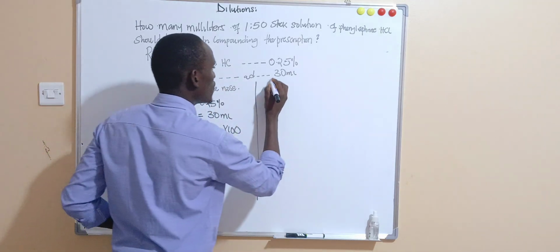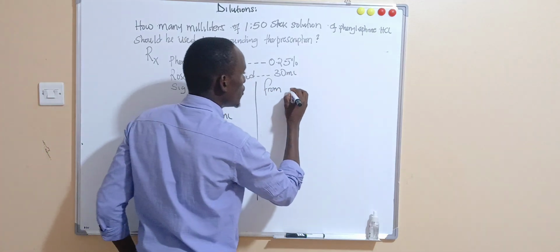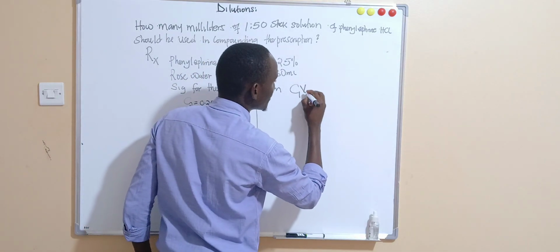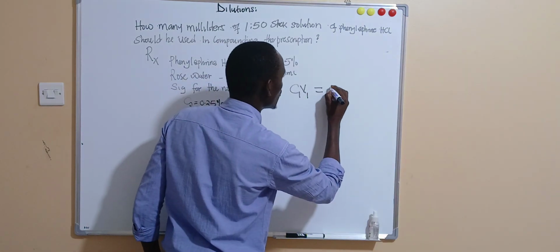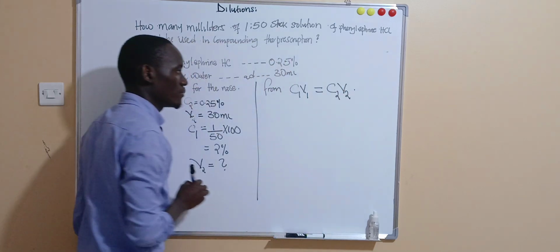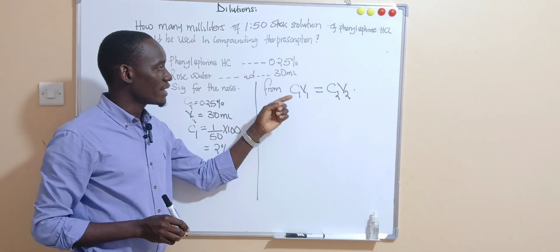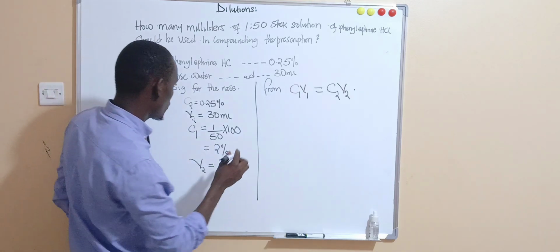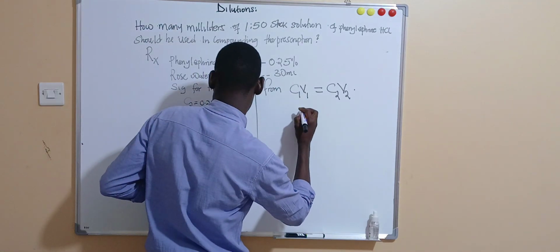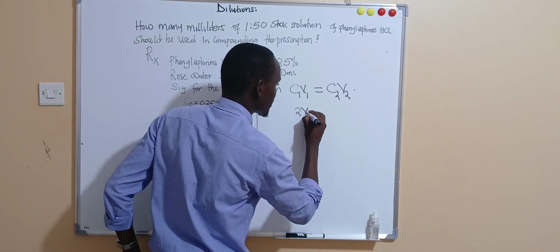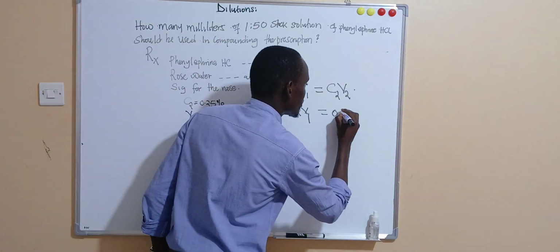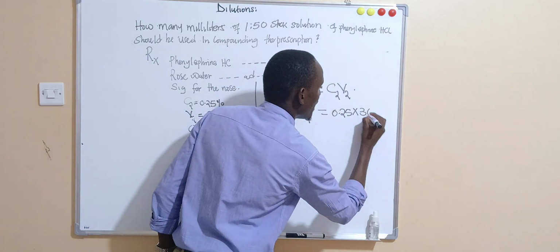Now, we also need to know the initial volume, and that's what we are looking for. Therefore, from our formula, we know that the product of the initial concentration and initial volume is equal to the product of the final concentration and final volume. Therefore, when we fill in our equation, we shall have C1 as 2 times our initial volume, which will be equal to 0.25 multiplied by 30.